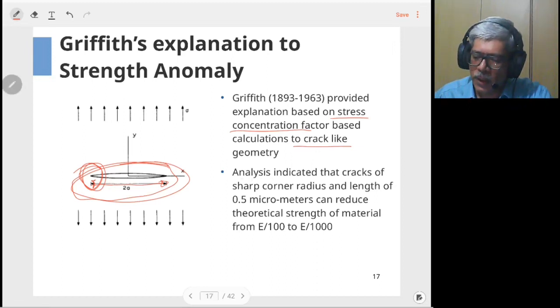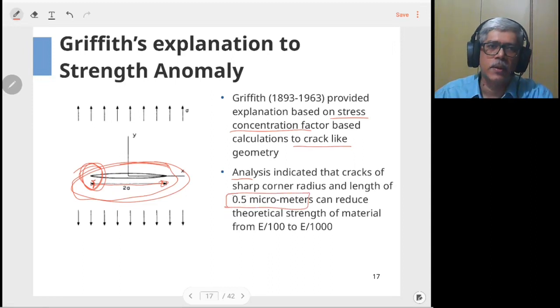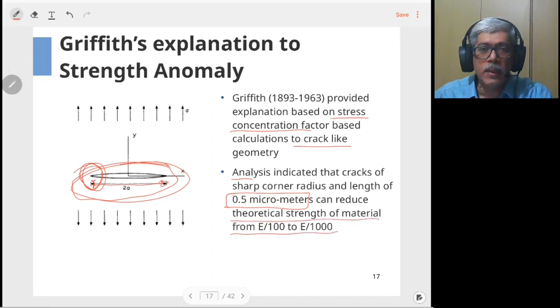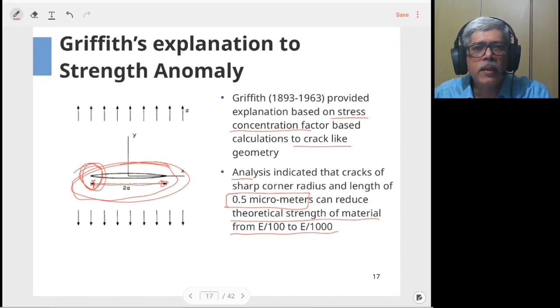His analysis showed that if you consider cracks of 0.5 micrometer size, which are practically known to exist in the material, the reduction to one tenth of the theoretical strength can be justified. This is where the first confidence in the presence of cracks and their importance in explaining the behavior of material was given.